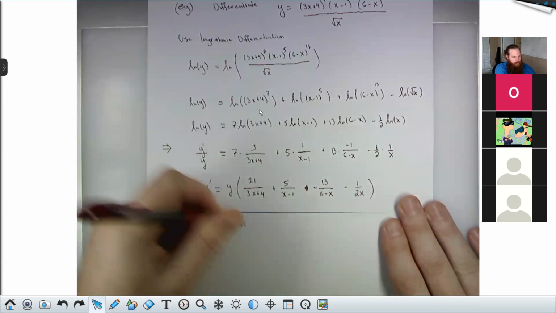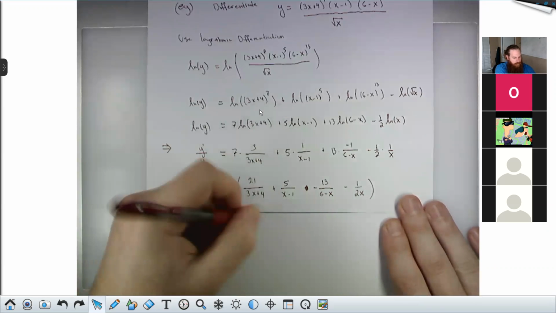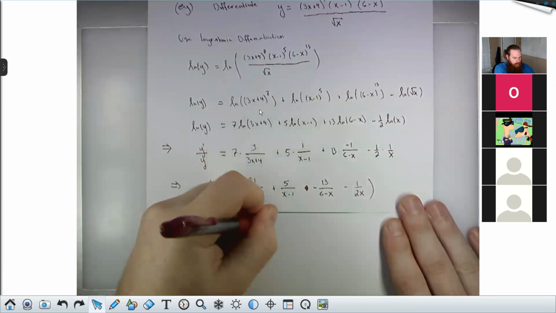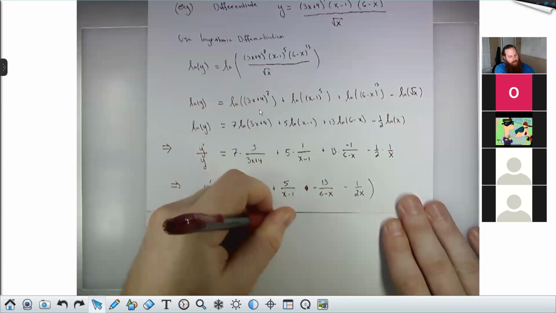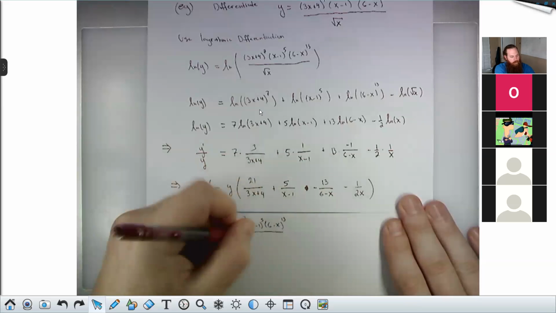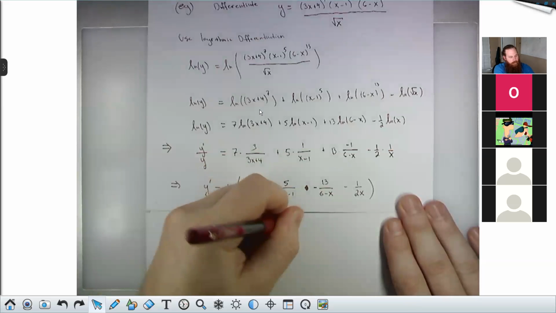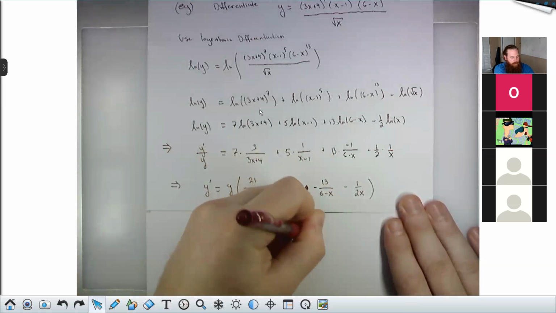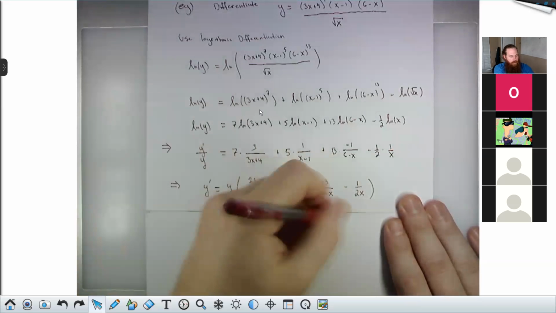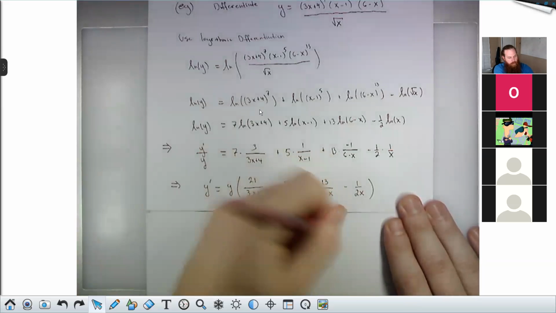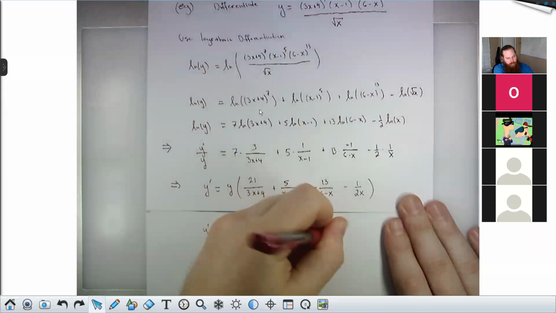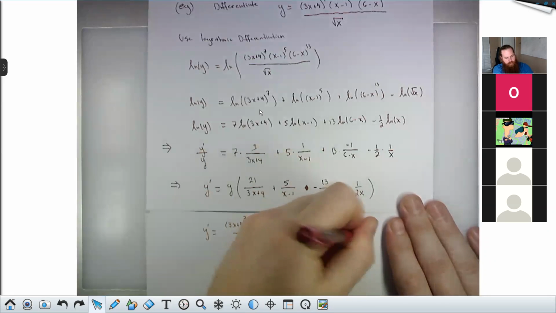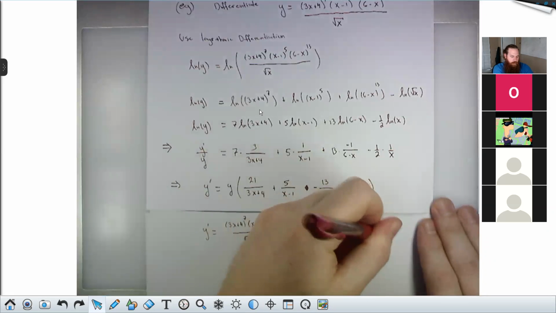3x plus 4 to the 7 times x minus 1 to the 5 times 6 minus x to the 13 all over the square root of x times this expression, 21 over 3x plus 4 plus 5 over x minus 1 minus 13 over 6 minus x minus 1 over 2x.